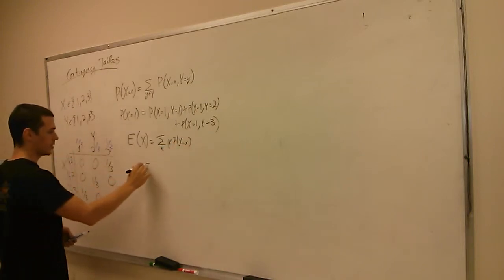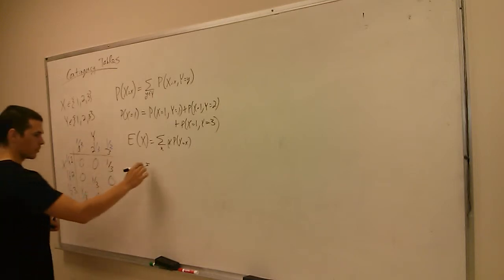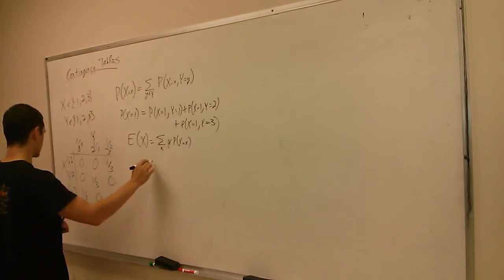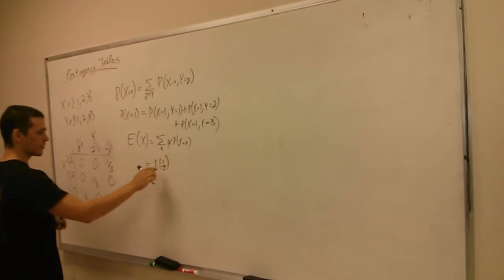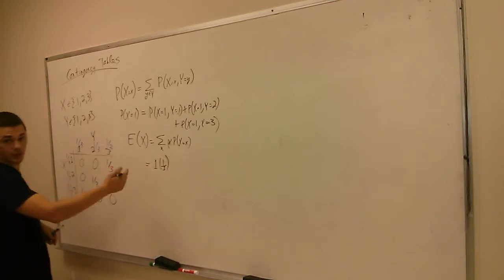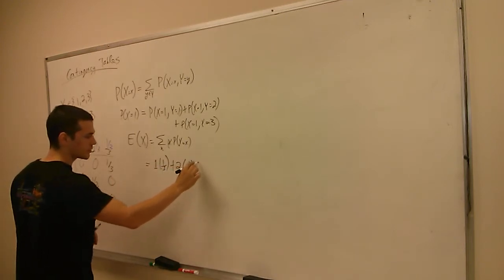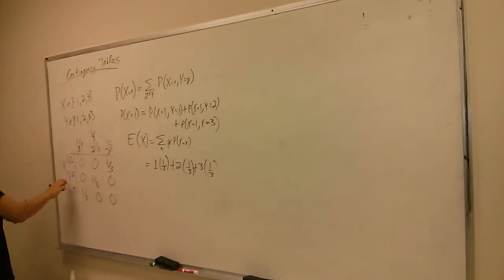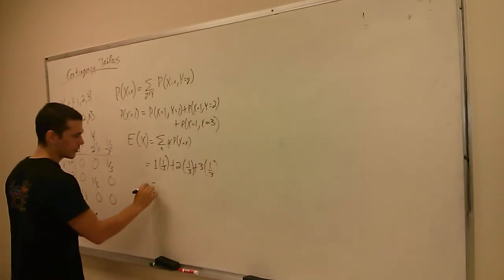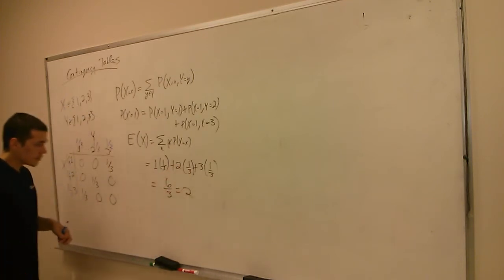Just the definition. So for x, this is going to be, let's say, 1 times 1/3. So this is the value, and this is the probability, plus 2 times 1/3, plus 3 times 1/3. And this we get from here, 1 times 1/3, 2 times 1/3, 3 times 1/3. So this is just going to be 6/3 equals 2.